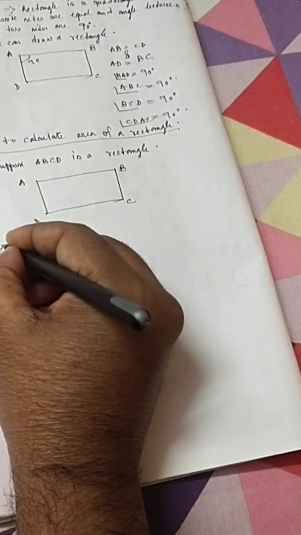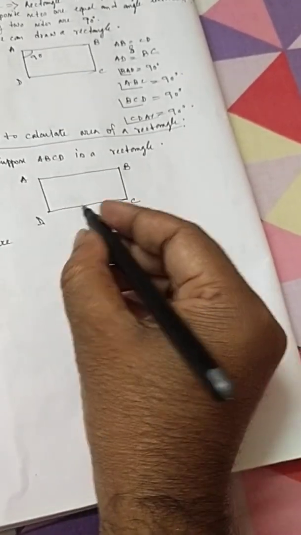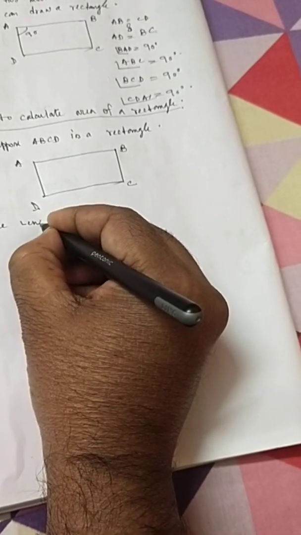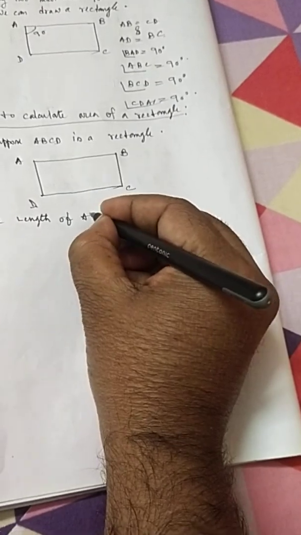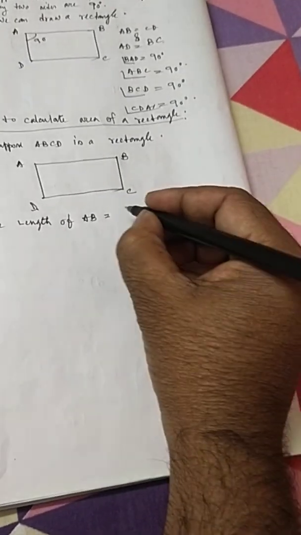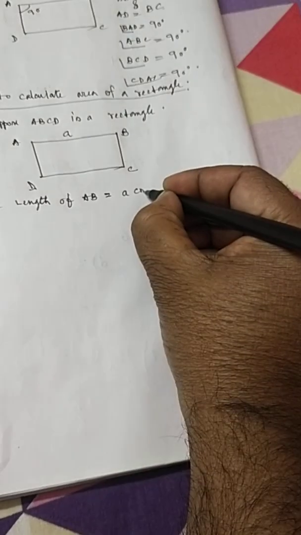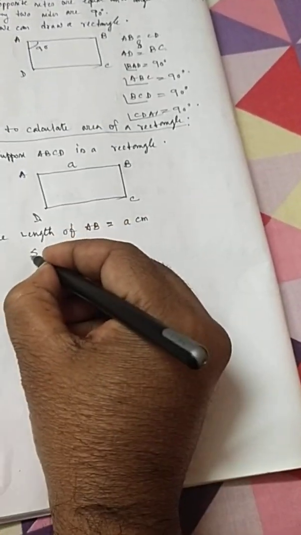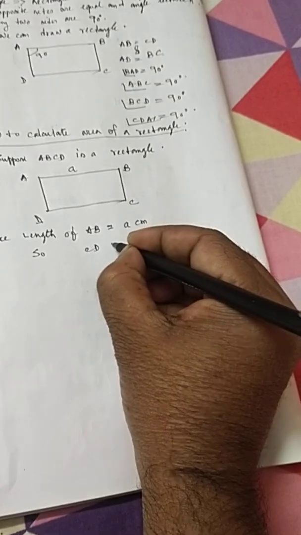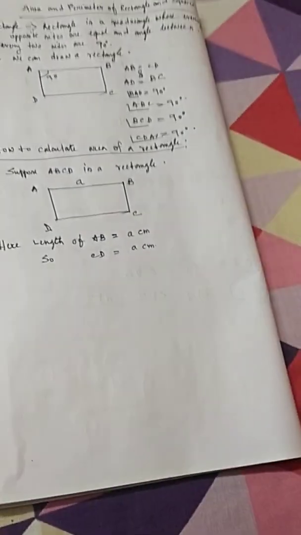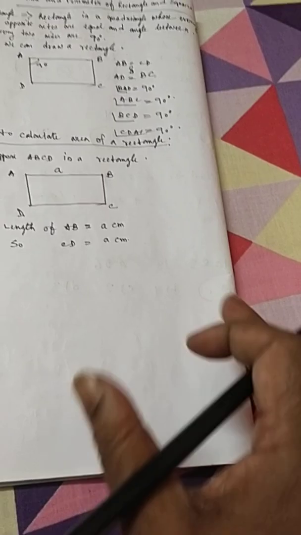Here length of AB equal to a centimeter or any unit, a centimeter. So CD equal to a centimeter, obviously, because every opposite sides are equal in a rectangle.